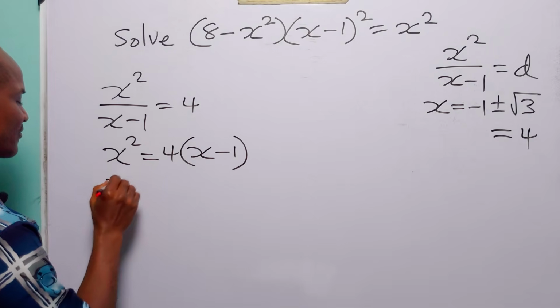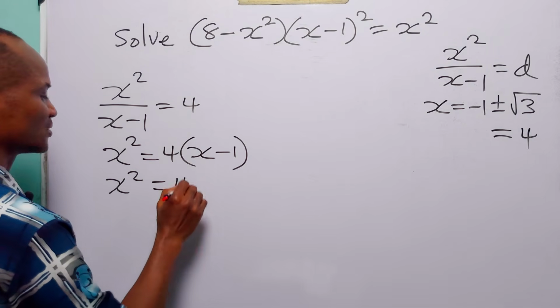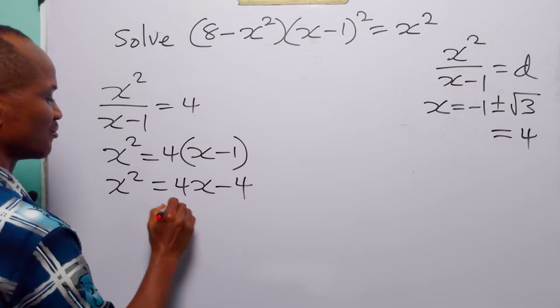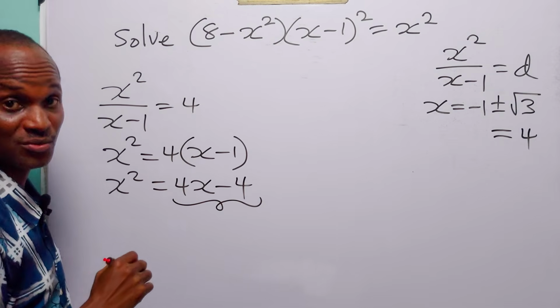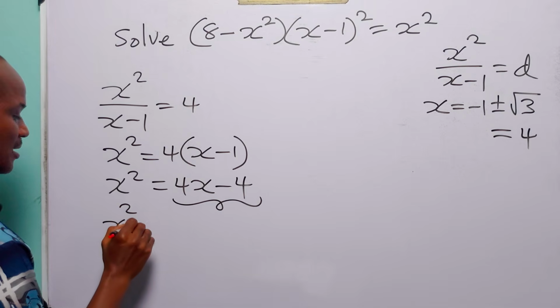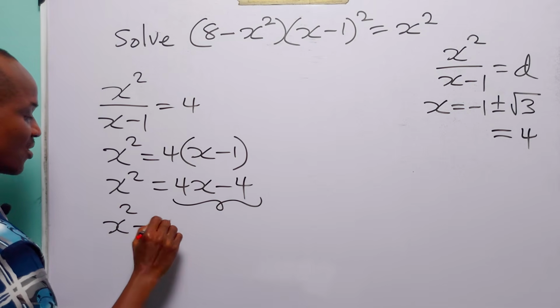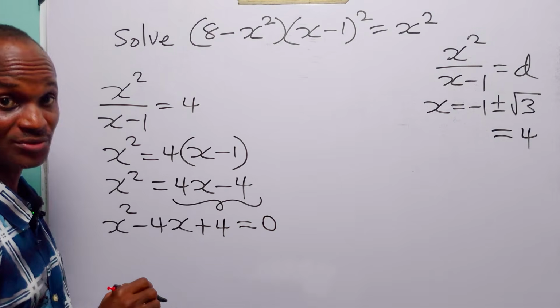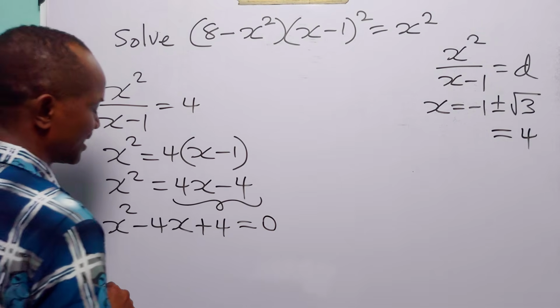Opening this bracket, we have that x² is equal to 4x - 4. Moving these two terms over to the left-hand side, we have that x² - 4x + 4 is equal to 0.